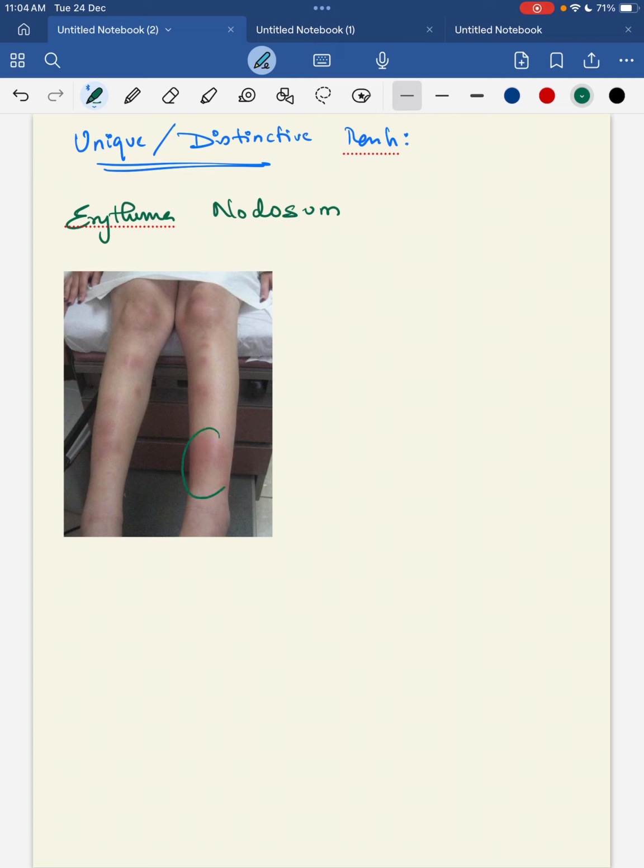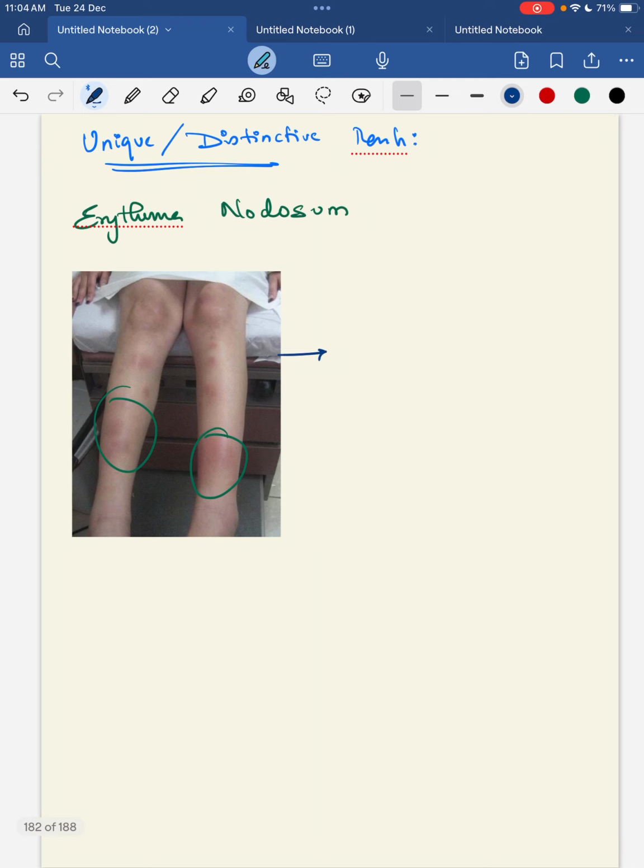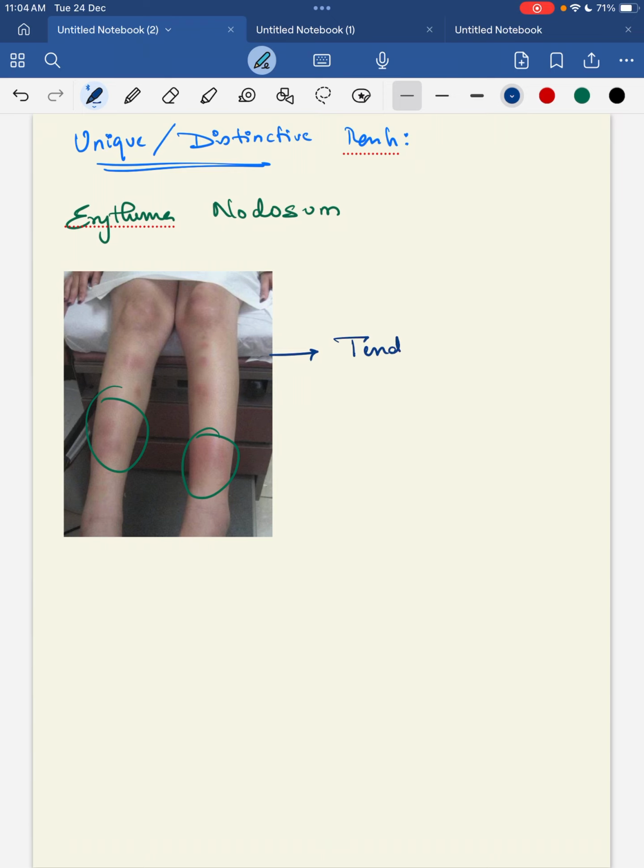Okay, next. This is your erythema marginatum. Erythema marginatum, everybody knows it comes in your rheumatic fever. On describing this, it is a serpentinous evanescent macular lesion with pale center. So it is a serpentinous evanescent rash with macular lesion and pale center.